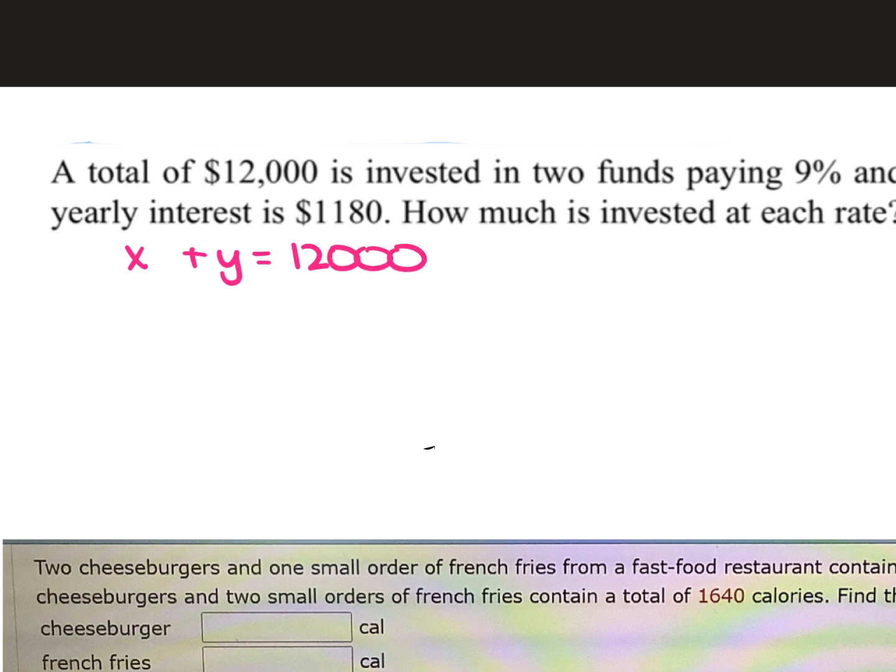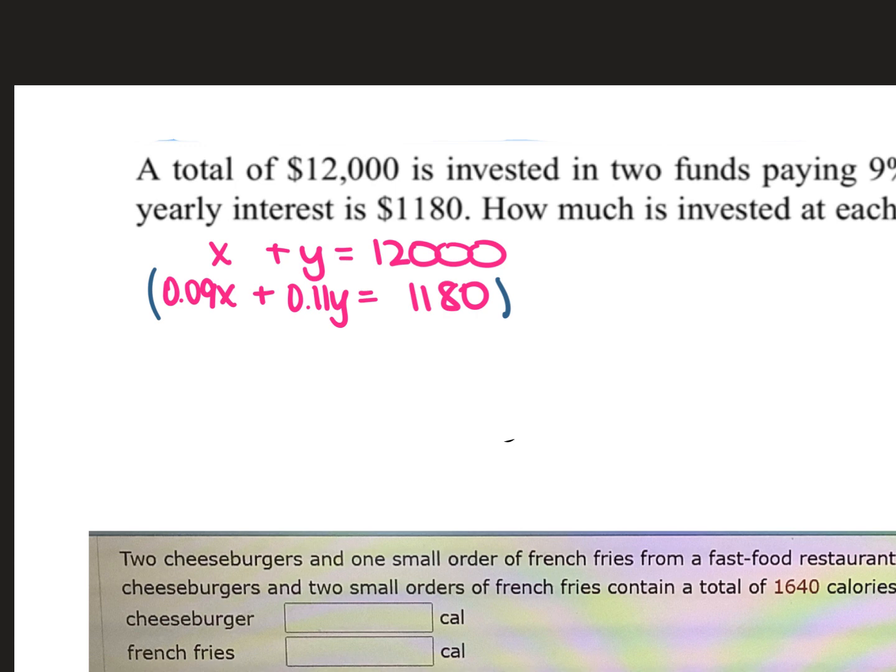And then the other equation that we're going to have is that 9%, which is 0.09x, plus the 11%, which is going to be 0.11y, is equal to the 1,180. We're going to start by multiplying everything on that bottom equation by 100, because we're moving that decimal point 2 places to the right.